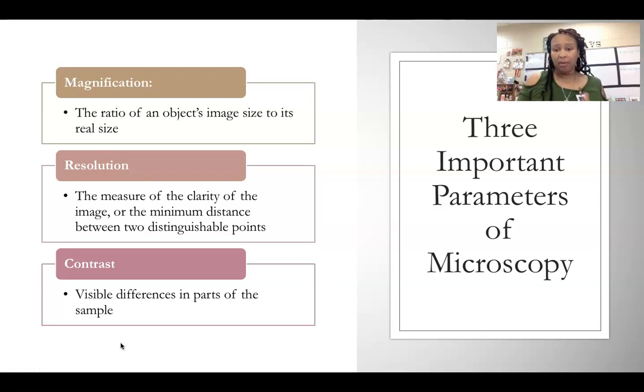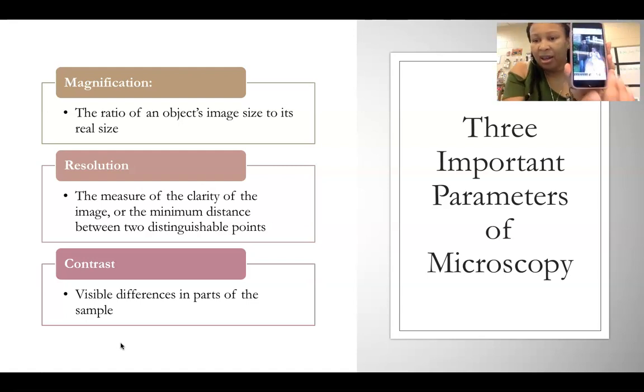The first one being magnification, and we know magnification is how big or how small something appears to be. When you magnify something, you want to make it bigger. So I am going to pull up a picture on my phone of my beautiful children, my chitterlings.